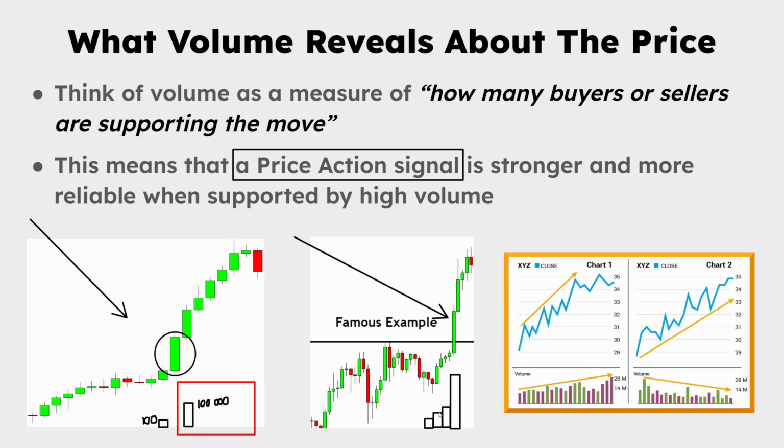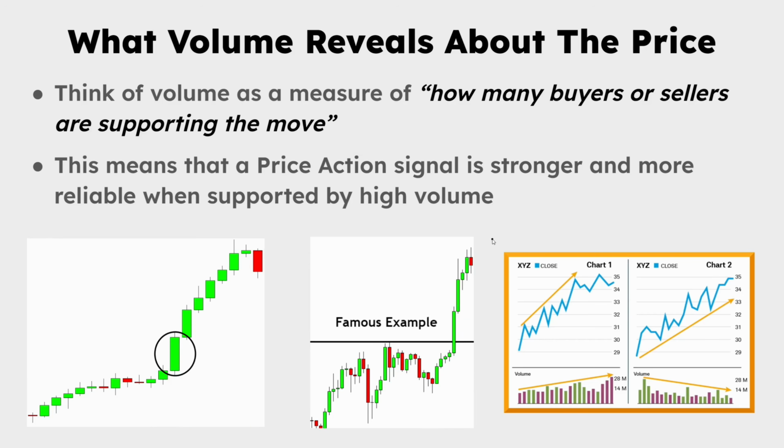So if the volume looks something like this, it is a very bullish sign. But if we imagine the volume looking more like this, where the volume during the breakout was pretty much the same as the other volume bars, this makes the breakout a little bit less significant and more likely to fail. And you can apply this principle to other concepts as well.